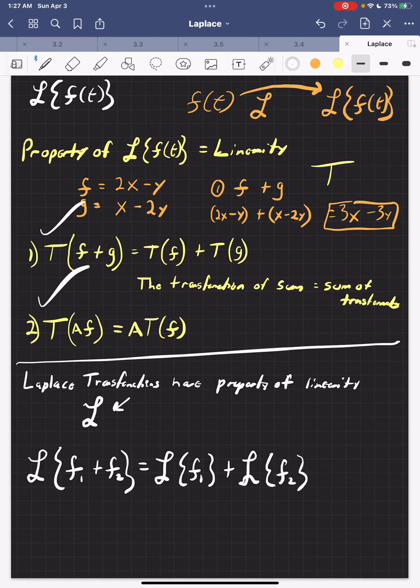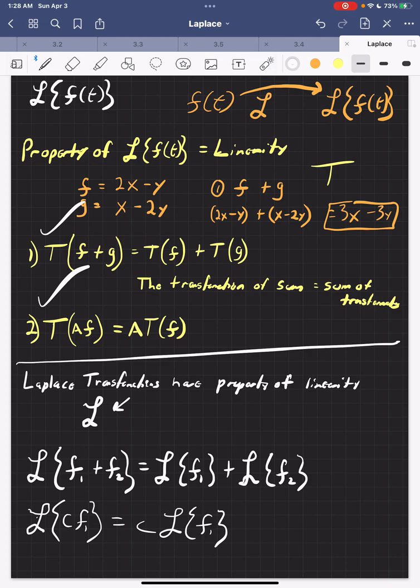Either way, you get the same thing. And now, just like above, you could also think about a scalar, some scalar c. So it wouldn't matter if you scaled your function first and then transformed it, or if you transformed it first and then scaled it. Same thing.